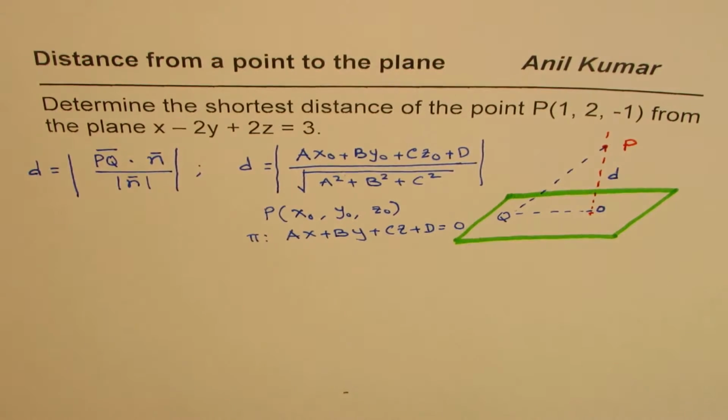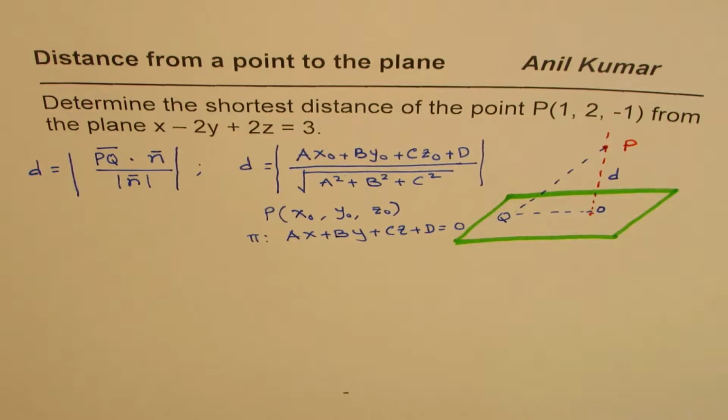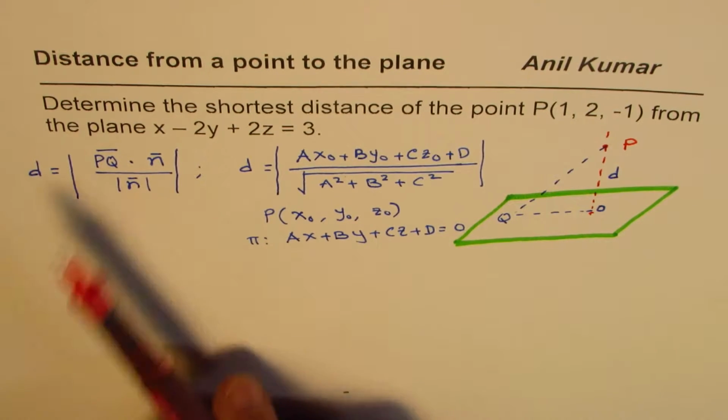So either of these formulas can be applied to solve such a question. So let's do both. This is a very straightforward formula which can be applied. Let's start with the first one.